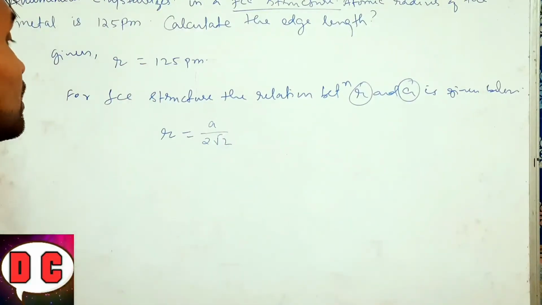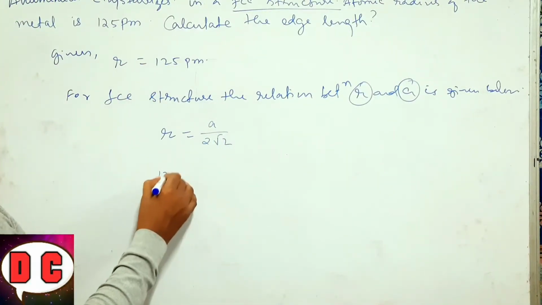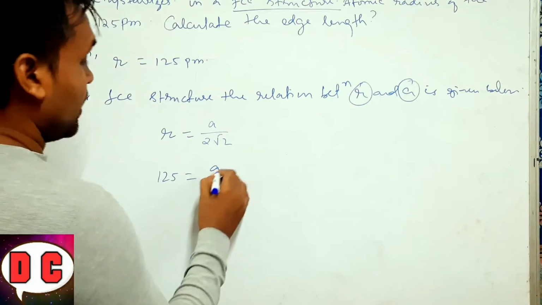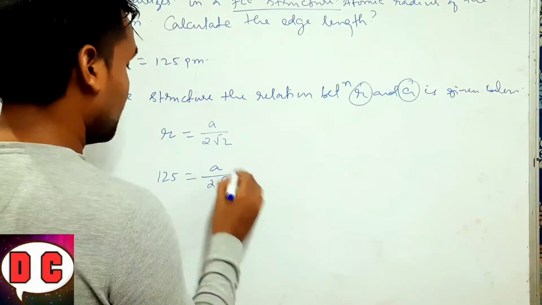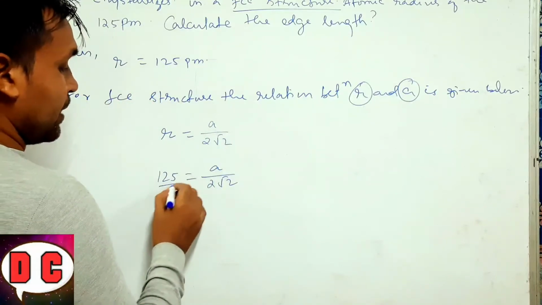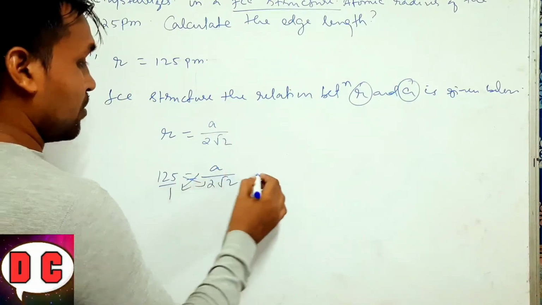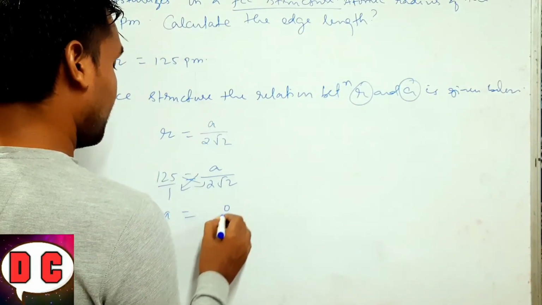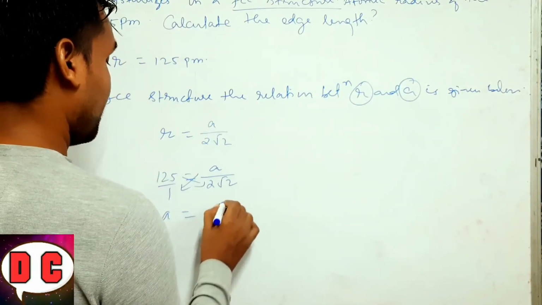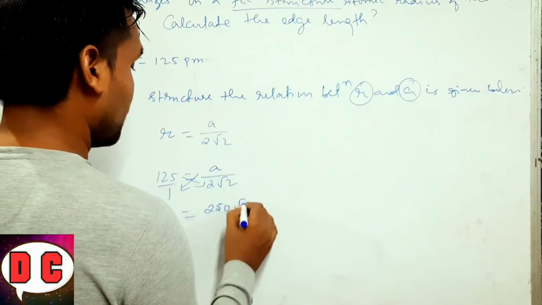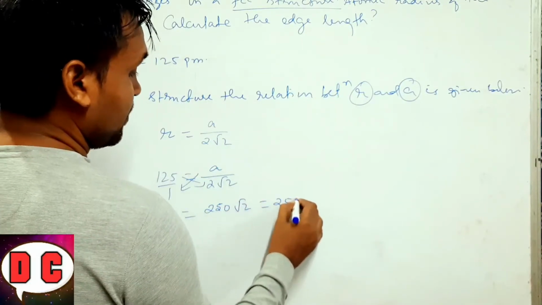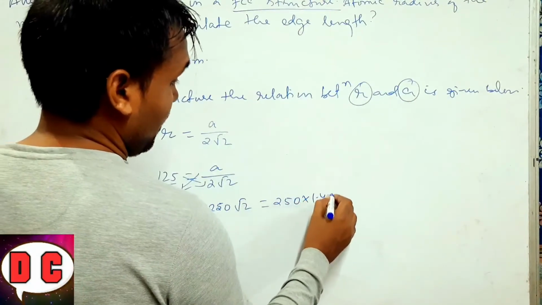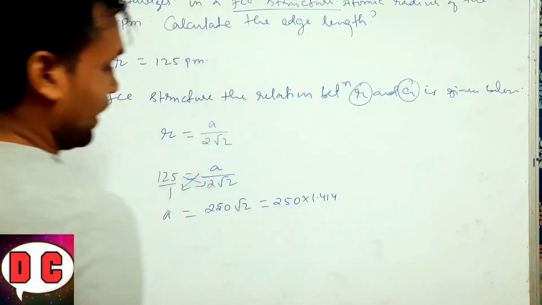So the radius is given here, 125 equals A by 2 root 2. If you cross multiply, you will get A equals 250 root 2. So 250 into 1.414, you have to multiply it.